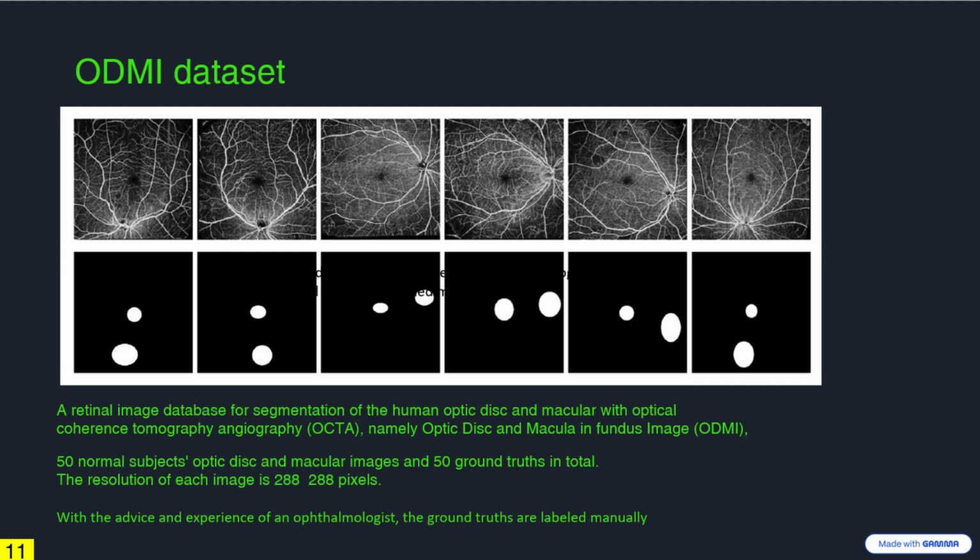The ground truths were cross-checked with an ophthalmologist, and the resolution of each image is 288 times 288 pixels. These ground truths are labeled manually by the ophthalmologist. As you can see, this white circle here is the optic disc and the macula. So we can use this as the base for training our model.